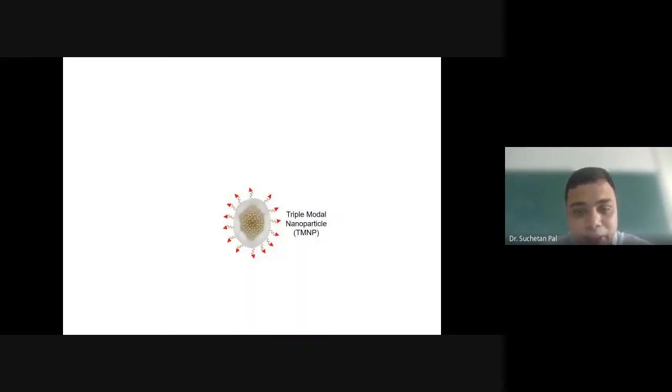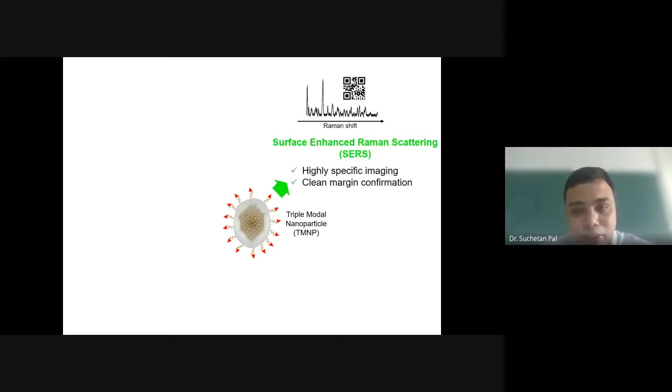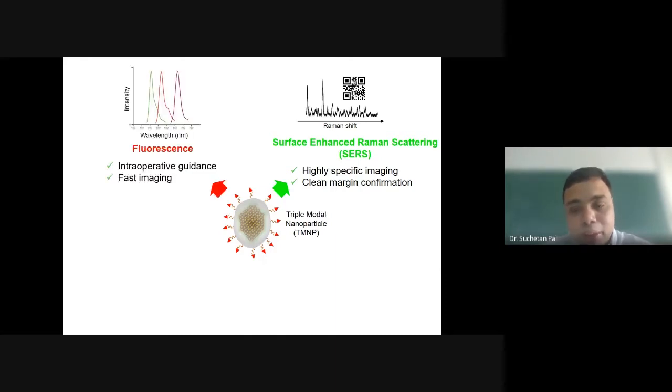So that's what we did in this paper, which appeared last year in Nature Communications, where we incorporated this QR code, which is the fingerprint-like spectrum from the molecule that is embedded on this nanoparticle. This has a very unique spectrum, and this is actually the QR code for this molecule.